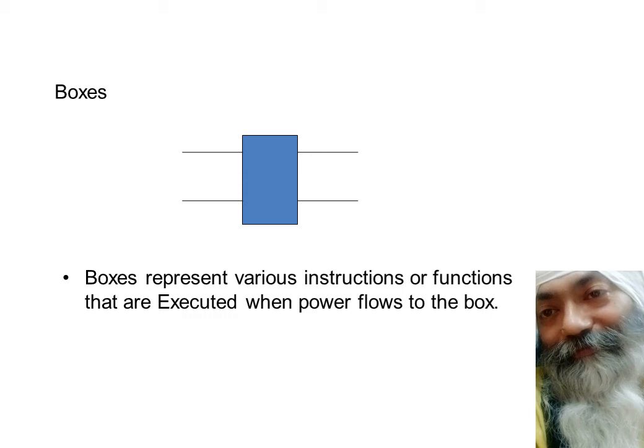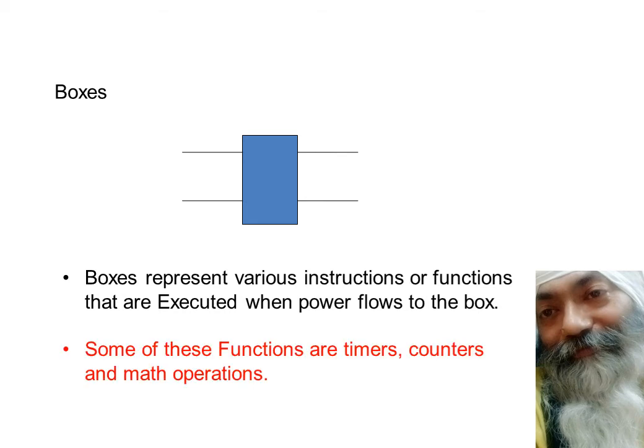So when the conditions are all true, true, true, the box gets energized, and finally this box performs the function of a timer or a counter or a message box or some arithmetic unit. This box can even be a PID controller. So this box can contain any such kind of tool within itself. As I've already told you, these functions are timers, counters, maths operation, including, I repeat, PID control.